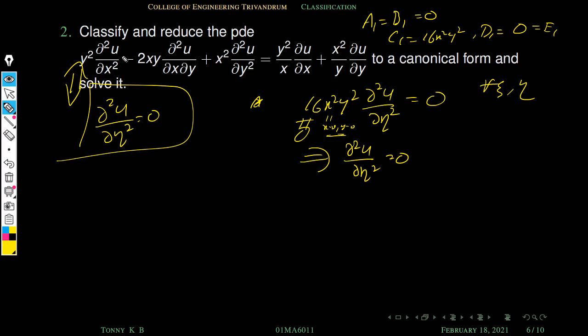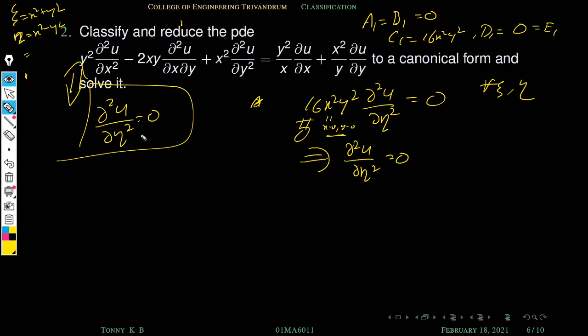That is the meaning. These two PDEs are equivalent by the transformation psi equal to x square plus y square, and eta equal to x square minus y square. Using these two transformations, we get the corresponding canonical form of this PDE.